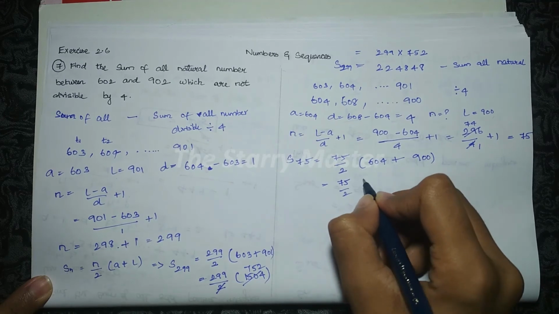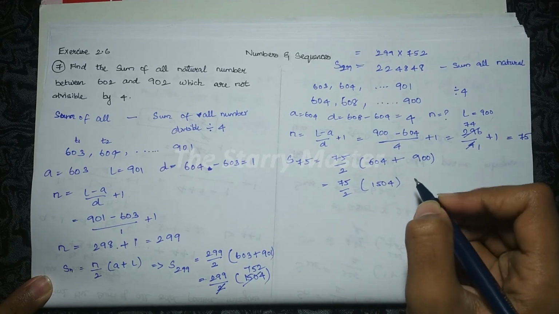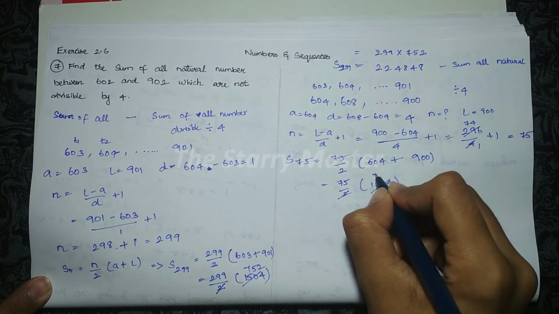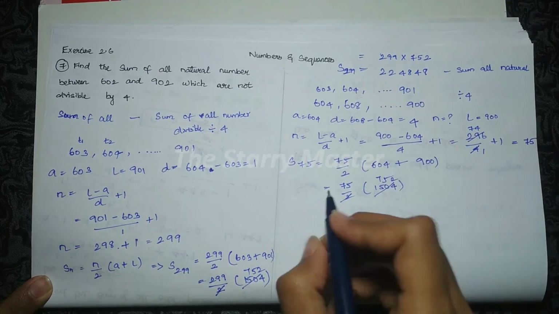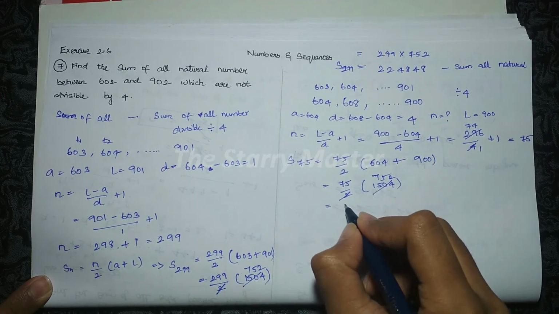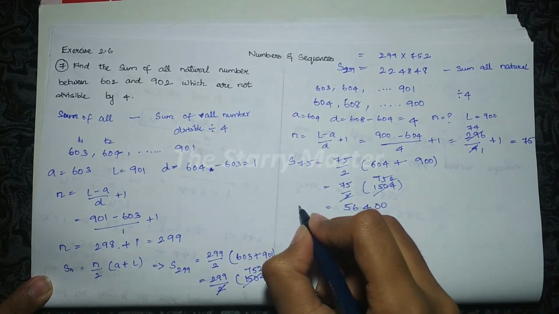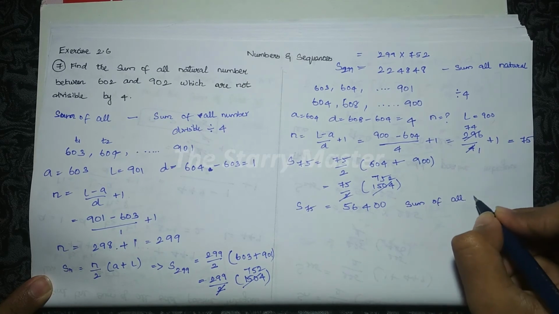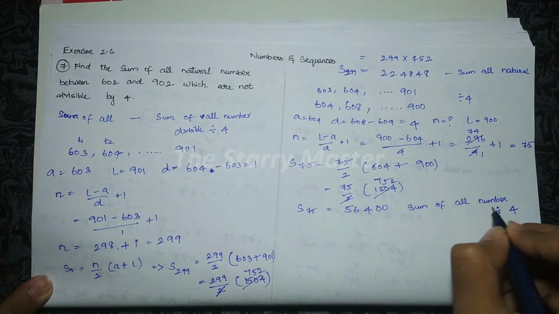If we add this we get 1504, and if we divide by 2 we get 752. Then 75 into 752 gives 56,400, which is the sum of all numbers divisible by 4.